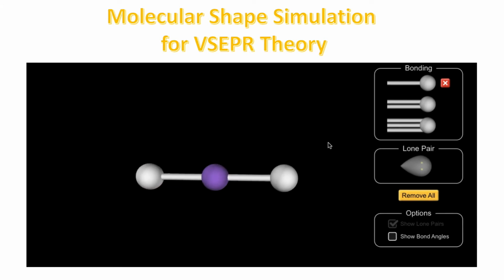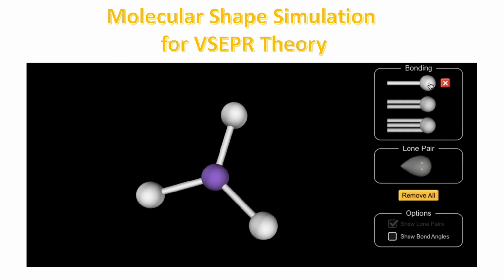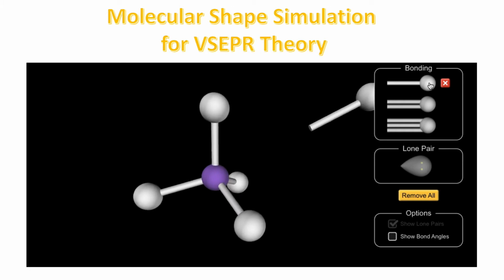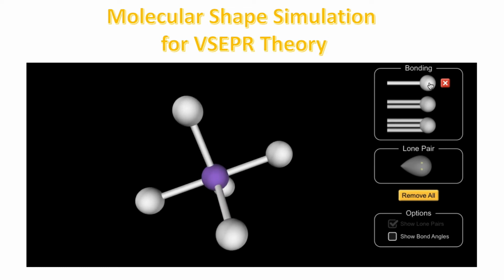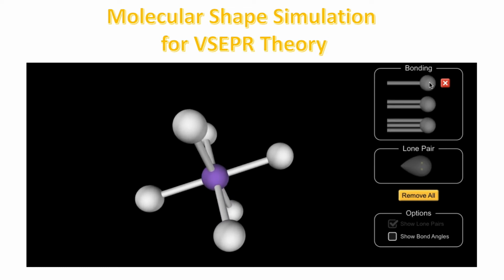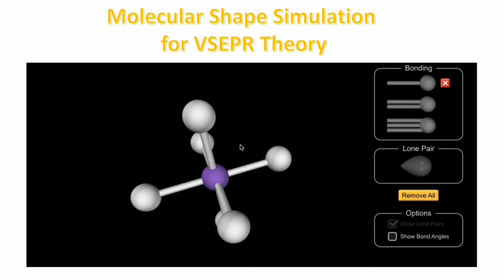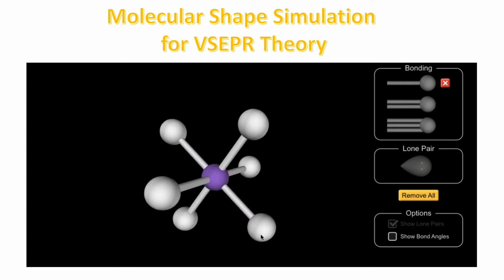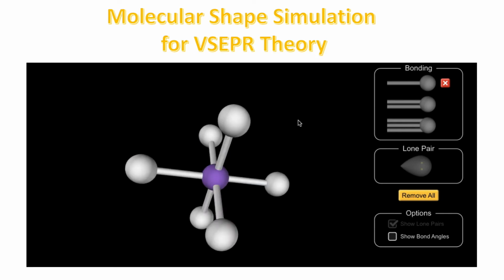As we add more bonding pair electrons to the central atom of the molecule, they keep repelling and arrange themselves as far apart as possible until the molecule obtains a specific shape. In addition, we must know that the maximum number of electron pairs in a molecule is equal to 6 electron pairs.